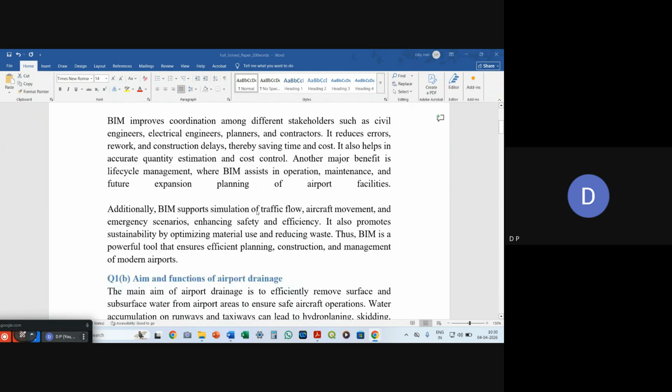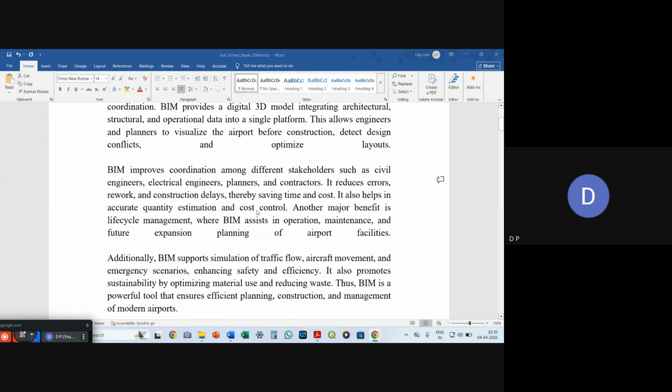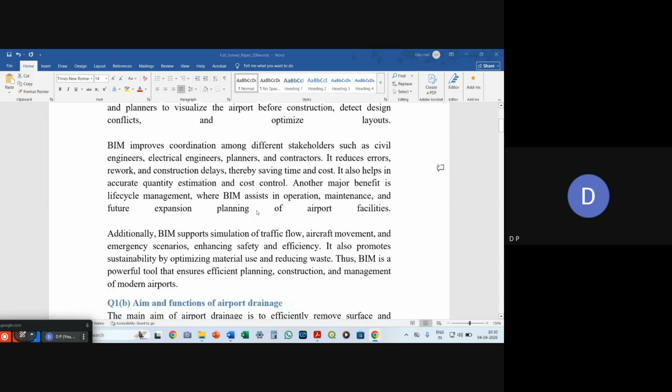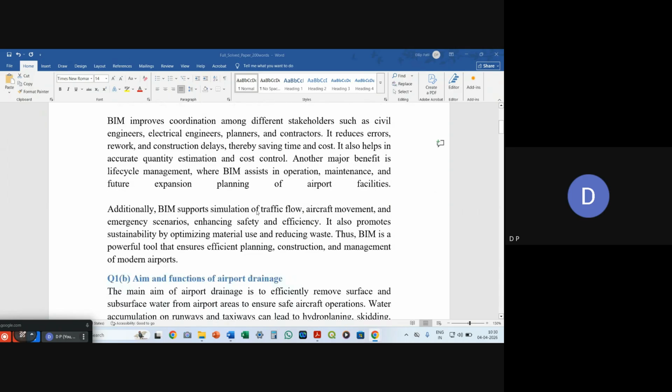BIM improves coordination among different stakeholders such as civil engineers, electrical engineers, planners, and contractors. It reduces errors, rework, and construction delays, thereby saving time and cost. It also helps in accurate quantity estimation and cost control. Another major benefit is life cycle management, where BIM assists in operation, maintenance, and future expansion planning of airport facilities.